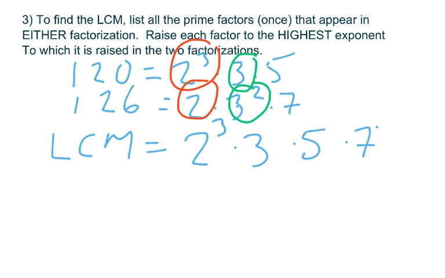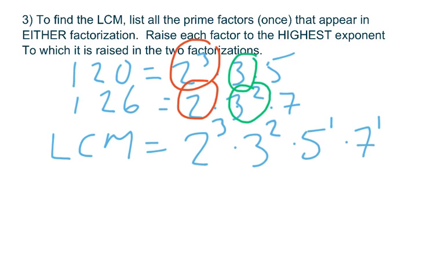The highest exponent to which it occurs is a 2. 2 to the third times 3 squared. Now, 5 only shows up once, and the highest exponent it shows up to is just the first power. So 5 to the 1, and the same is true for 7. There. 2 to the third times 3 squared times 5 times 7.